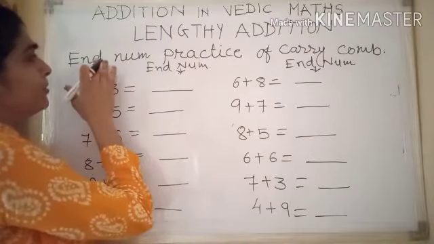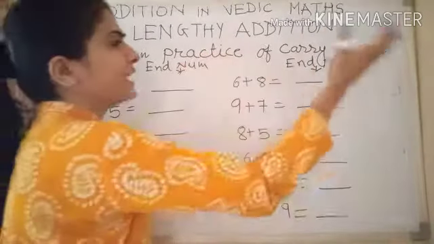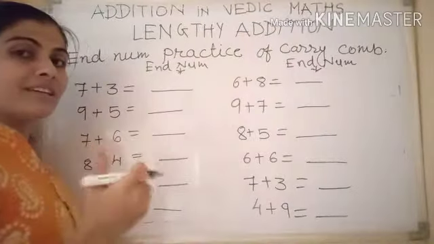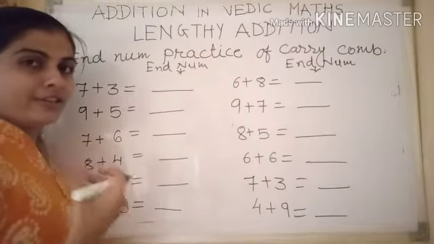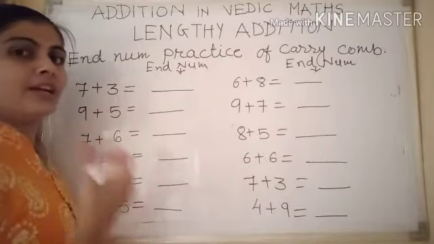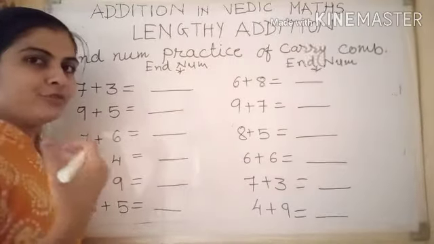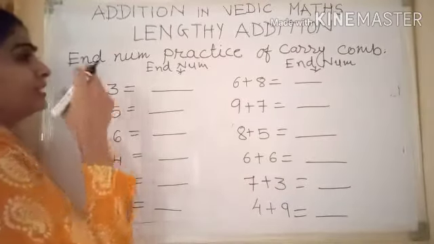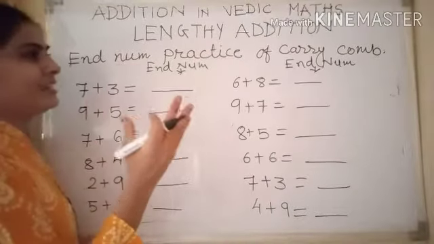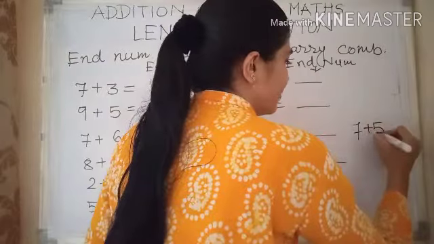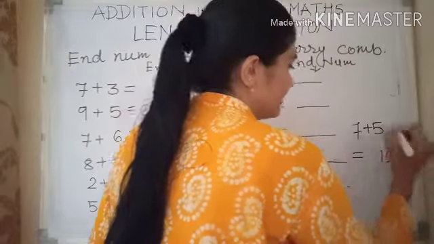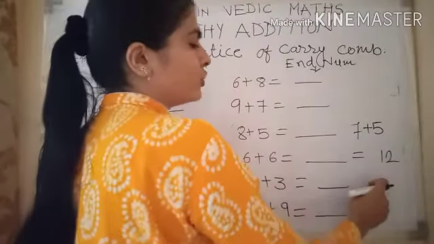Let's do end number practice of the carry combinations. What are the carry combinations and what are the non-carry combinations? You would have to go through the links 1 and 2, which are given below. Now, as I explained in those links, if a number is 7 plus 5, which equals 12, it means it is a carry combination.